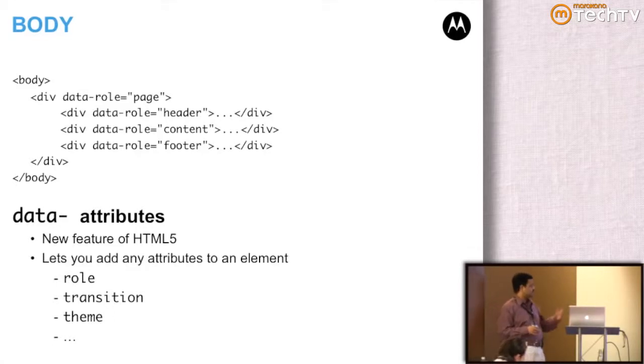So, for example, there is a data attribute called transition. When I say data transition equal to flip, when you click on the element that has that transition, it flips when you click on it. So, the point here is you do not have to write JavaScript code for it, you do not have to write any code for it. All you have to do is declare that it is a data transition flip and you are done.